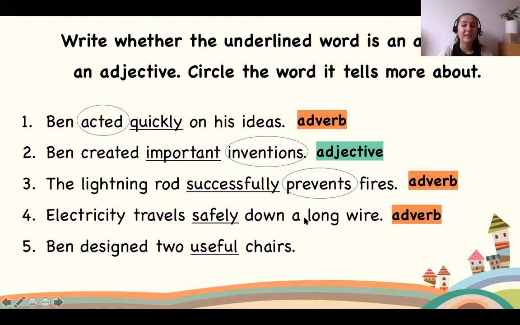An adjective is something that describes a noun, so a person, place, or thing. But an adverb is something that describes a verb. So this word safely is describing a verb. Which verb in this sentence is it describing, Lucy? Travels. Good girl. Well done. It's telling us that it travels safely down. Amazing work, Lucy. Well done.